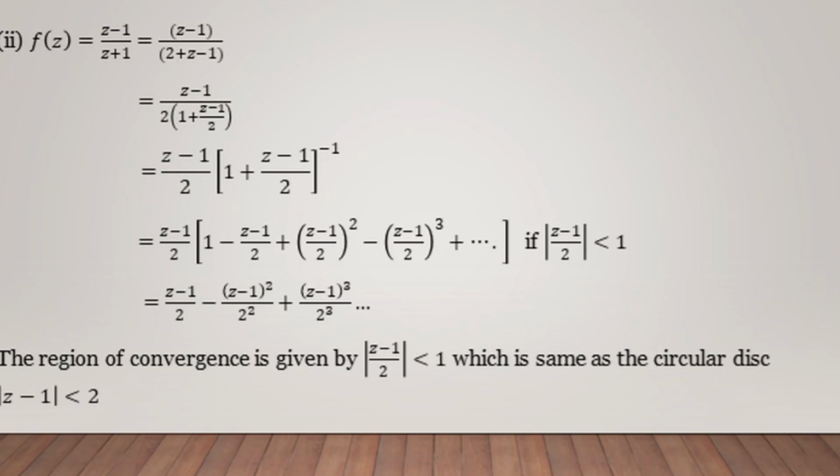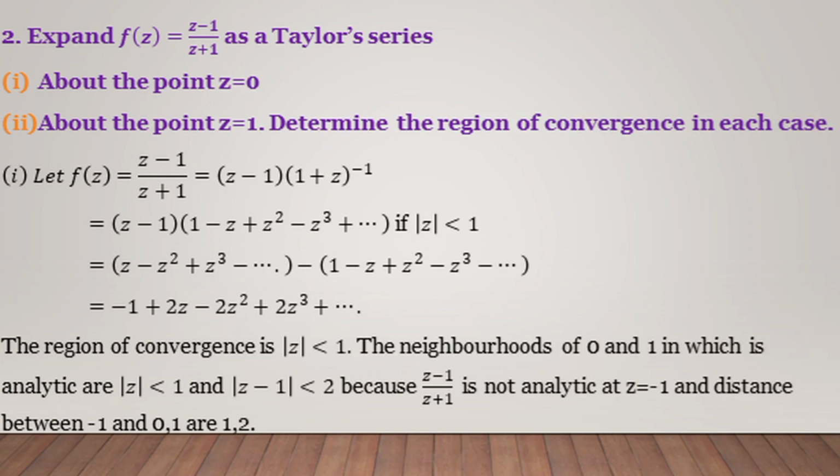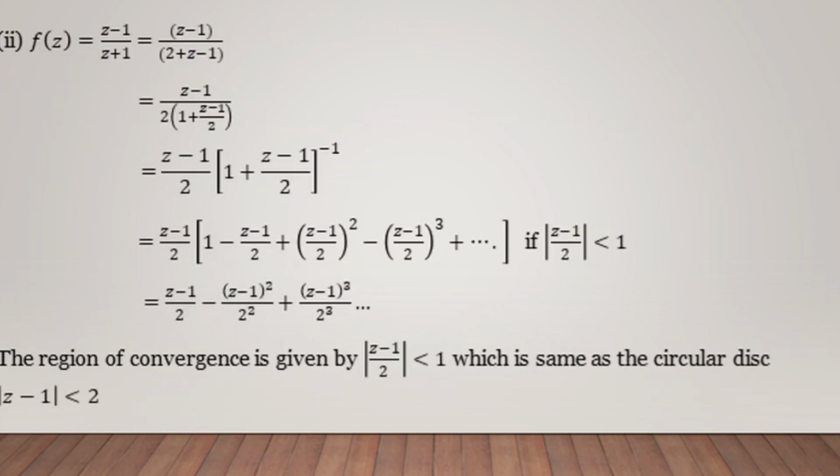Next, let us see the second subdivision. f of z equal to z minus 1 divided by z plus 1. The second subdivision is for the point z equal to 1. So we get z minus 1 divided by 2 plus z minus 1, by adding and subtracting 2. Next, taking 2 common in the denominator, we get z minus 1 divided by 2 into 1 plus z minus 1 divided by 2, the whole inverse.